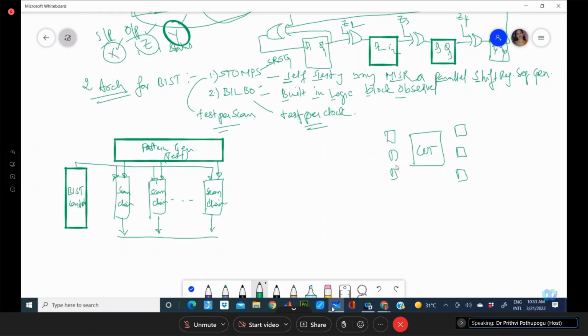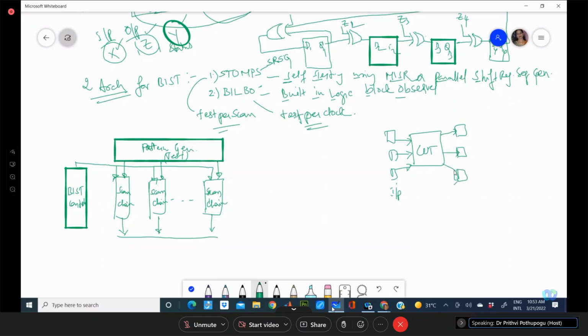If you remember, towards the left side, this becomes the input side. That means the one which is giving the data to the circuit, and towards your right side will be the one which is taking the response of the circuit.